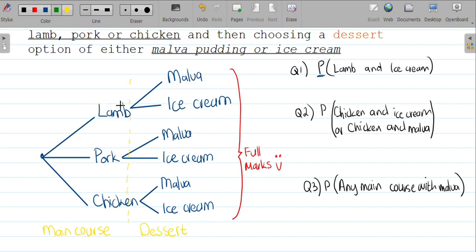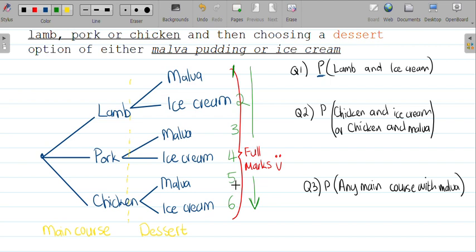Lamb and malva is possibility number one. Lamb and ice cream, possibility two. Pork and malva, three. Pork and ice cream, four. Chicken and malva is five, and chicken and ice cream is six. So can you see there is a total of six possible outcomes?